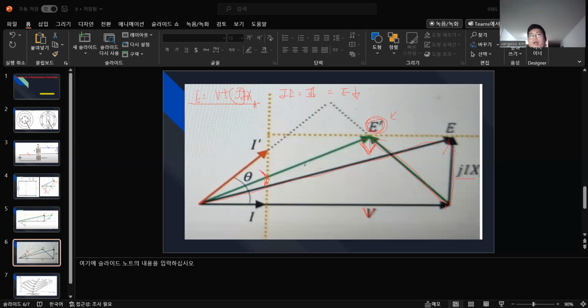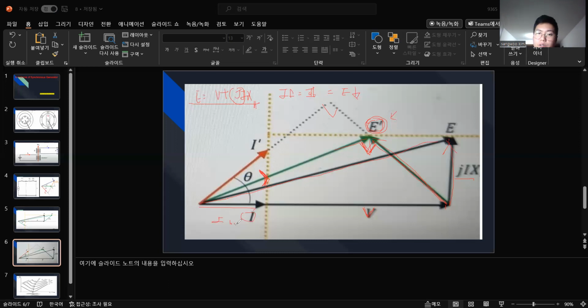So I is now here, but it depends on how you see the page. If I is here, 90 degrees is actually here, but I don't want you to be confused. So here, 90 degrees, here. What I wanted to say is that I is the load current, right?